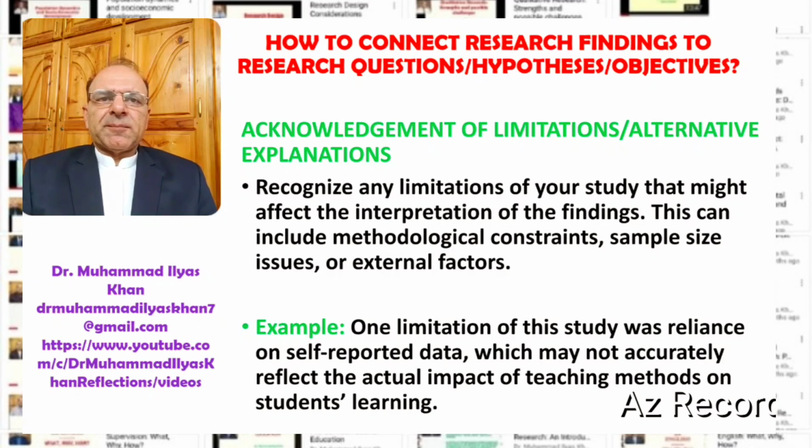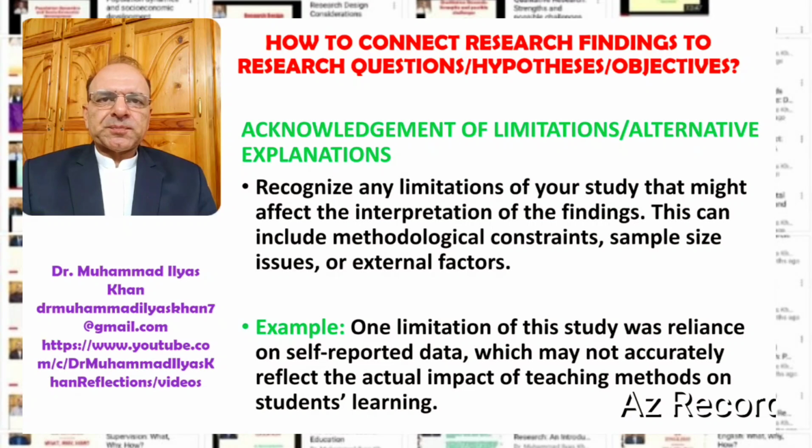So these are some of the ways in which we can connect our research findings to our research questions, research hypotheses, and research objectives. We need to restate our research questions, hypotheses, and objectives. We need to organize our findings in the light of them.